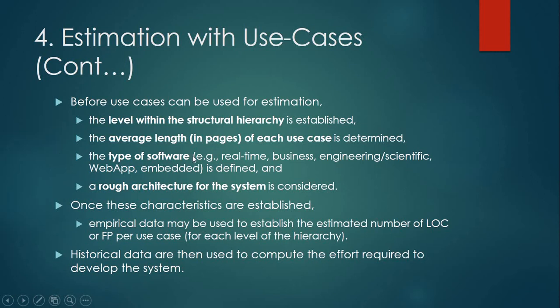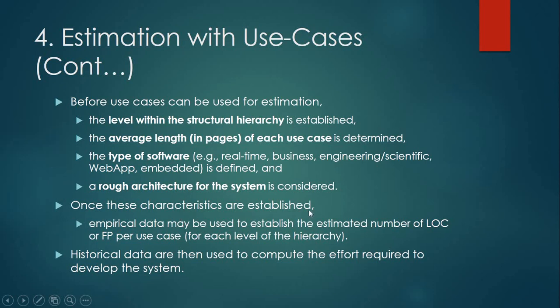The type of software, for example real-time software, business software, engineering or scientific software, web app, or embedded, is defined. Which type of software we are building will be defined. A rough architecture for the system is considered, or we can say a simple generated view.